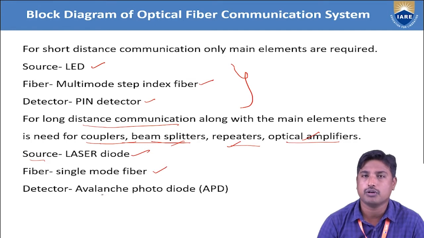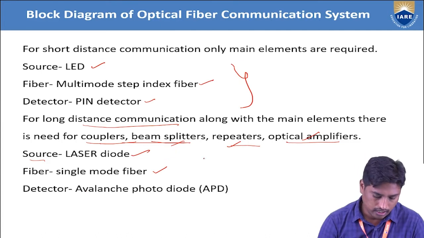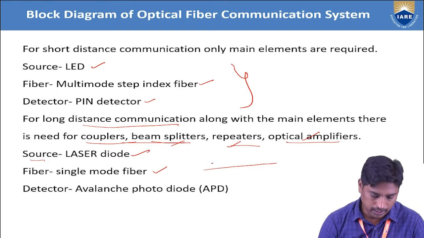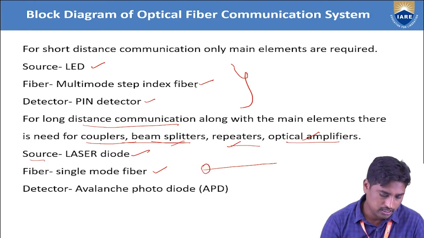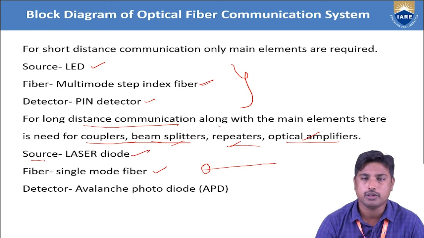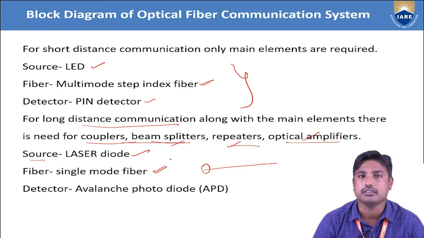I think all of you know the difference between multi-mode step index and single mode fibers. In single mode, the total data is transmitted in a single direction or single path. If the light ray travels more than one path, then we call it multi-mode optical fiber. In shorter communication, we prefer multi-mode optical fibers, but in longer communication systems, we prefer only single mode optical fibers.